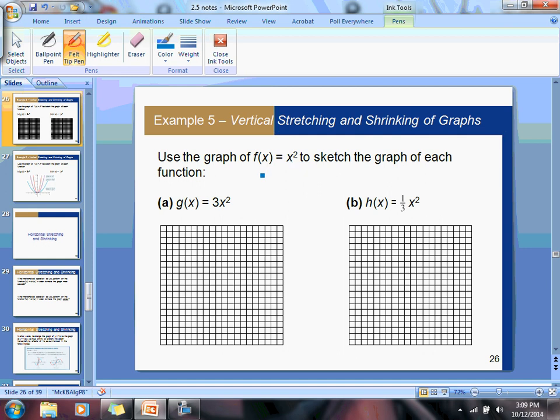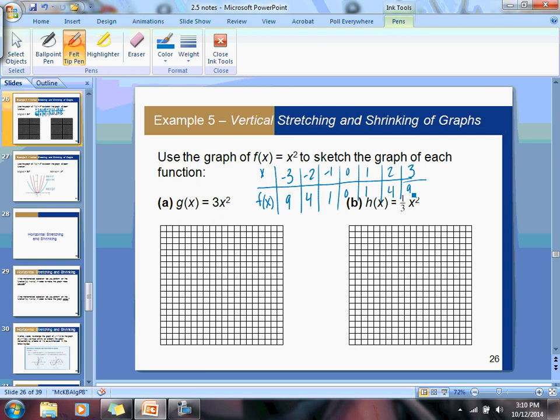So again, I'm going to put that table of values for the x squared function, just as a reminder, because we can use these values to construct our new table of values for these new functions, instead of just having to go to our graphing calculator and type these functions in.